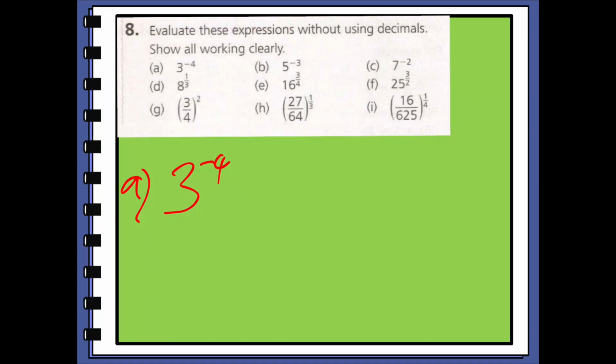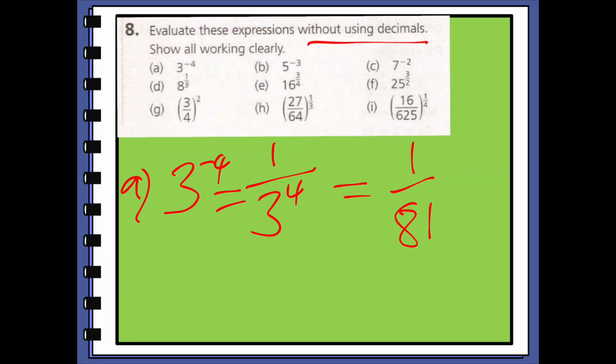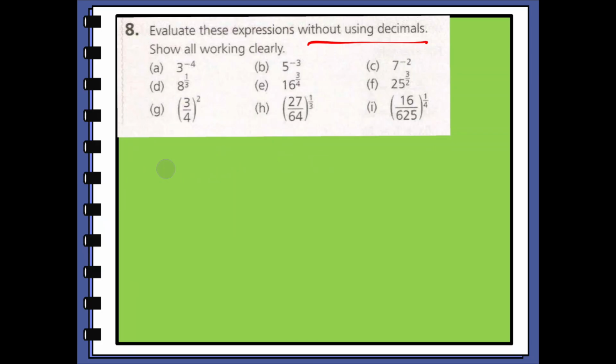We do know by now that when you have a negative power, you write it over, 1 should be on top, then the power will cease to be negative. We know that 3 power 4 is 81, so it becomes 1 over 81. We can't divide into decimals because it says without using decimals. So the answer is 1 over 81 for A.